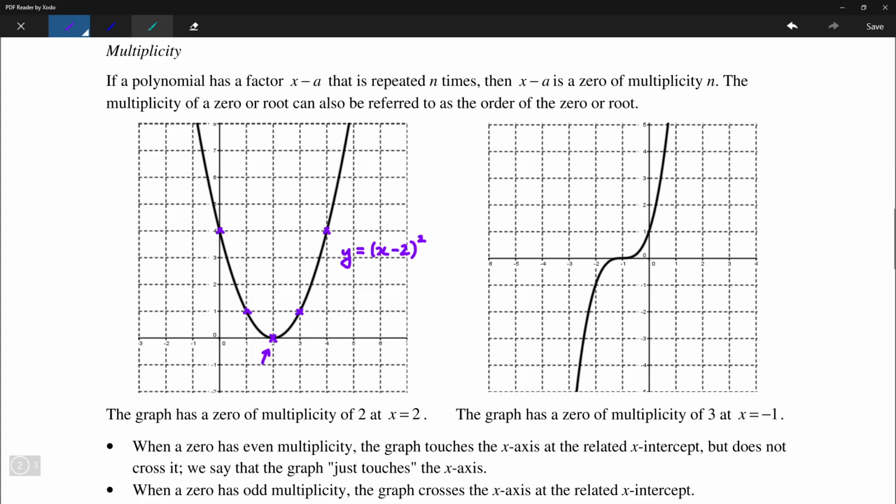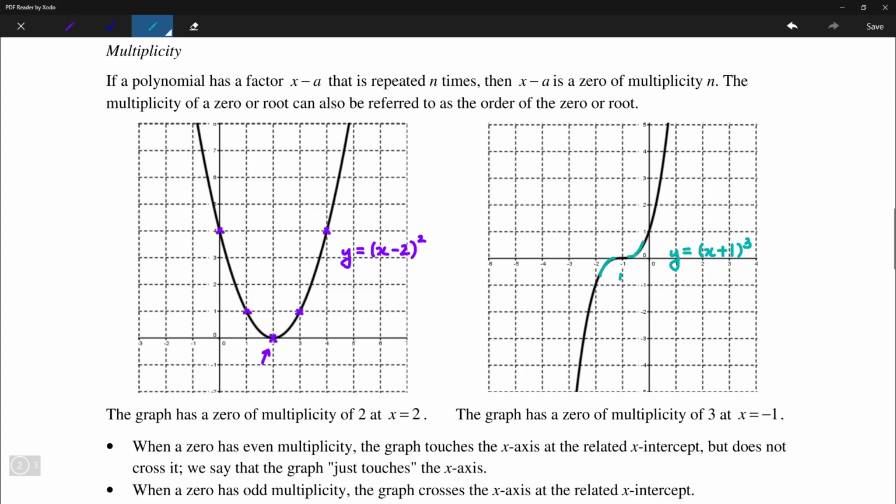Now, the function on the right-hand side, this is y equals x plus 1 cubed. So the 0 at negative 1 has a multiplicity of 3. And notice that the graph goes through the axis, but on the left-hand side here it is concaving downwards. And once we're past the 0, it's concaving upwards.